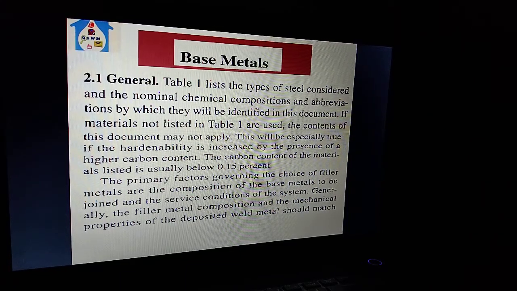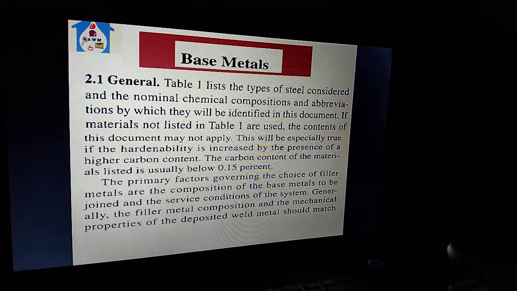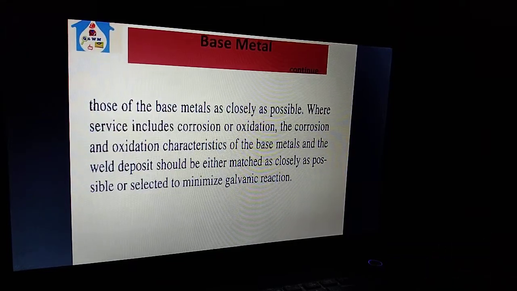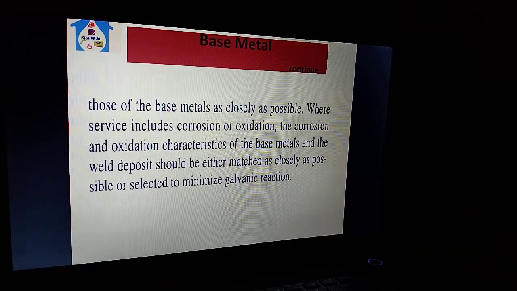The primary factors governing the choice of the filler metal are the composition of the base metal to be joined and the service condition of the system. Generally, the filler metal composition and the mechanical properties of the deposited weld metal should match those of the base metal as closely as possible.